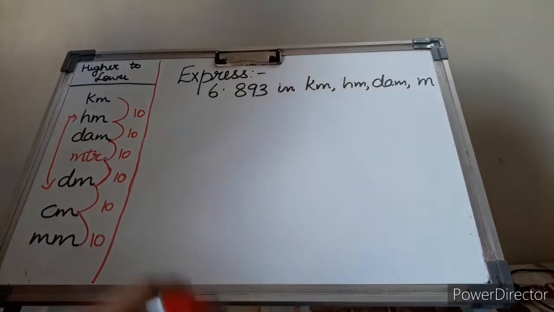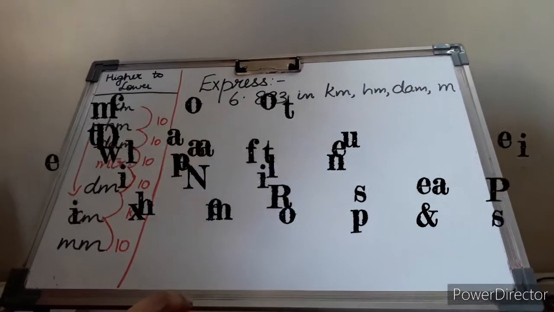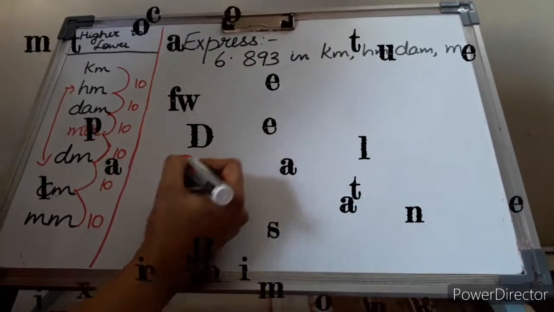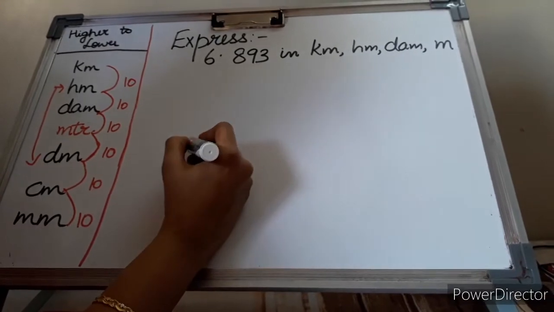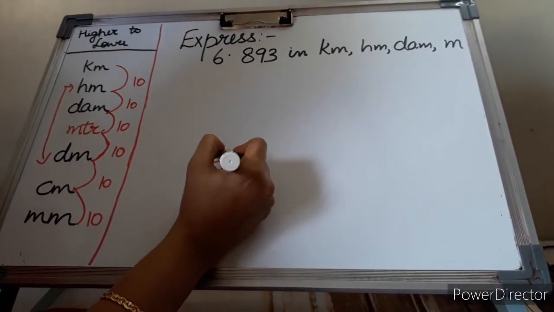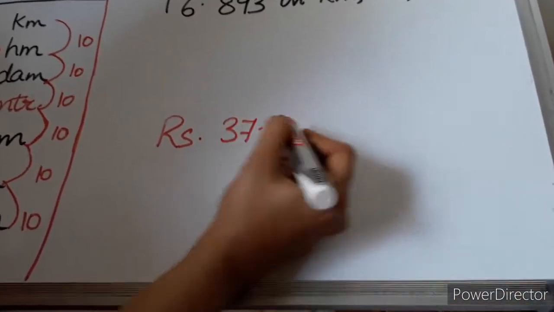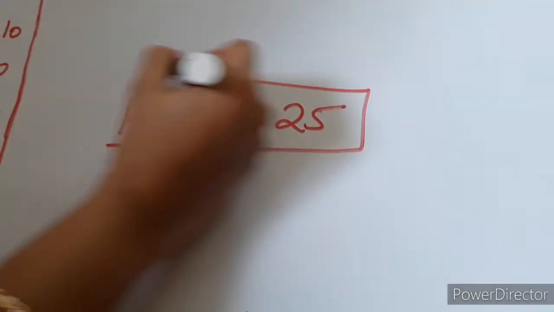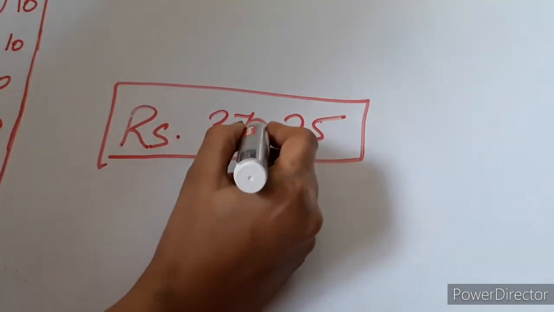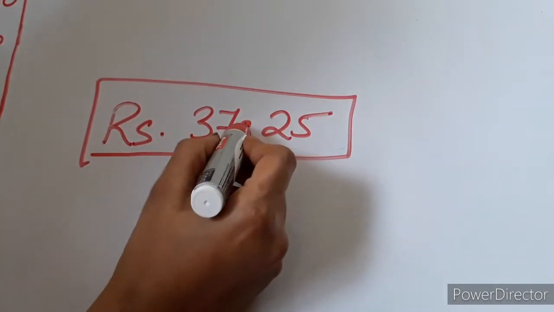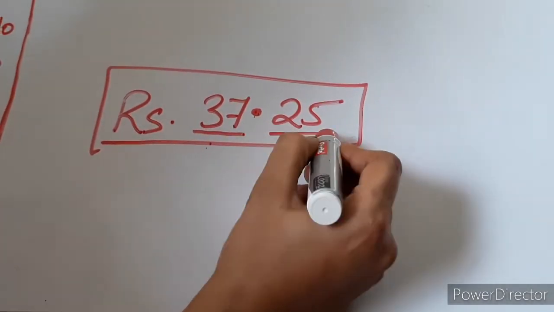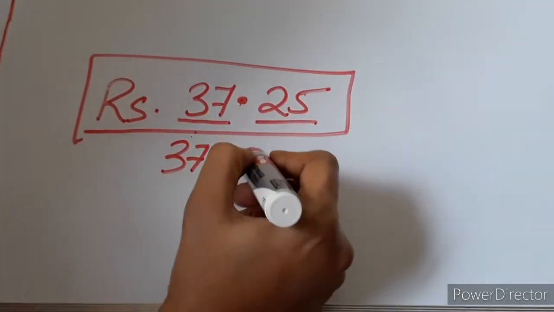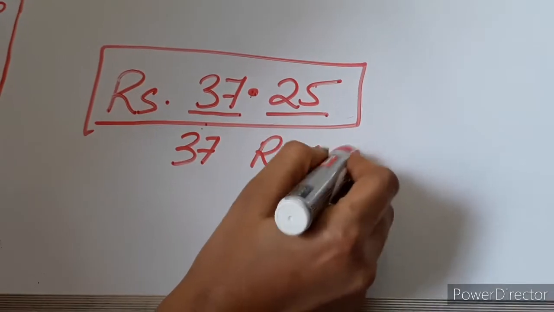Now when the question relates to rupees and paise, how do we write rupees? Suppose rupees 37.25. That means what? It means this is the decimal point which separates the value of rupees and paise. Okay. So this 37 will be what? Rupees.